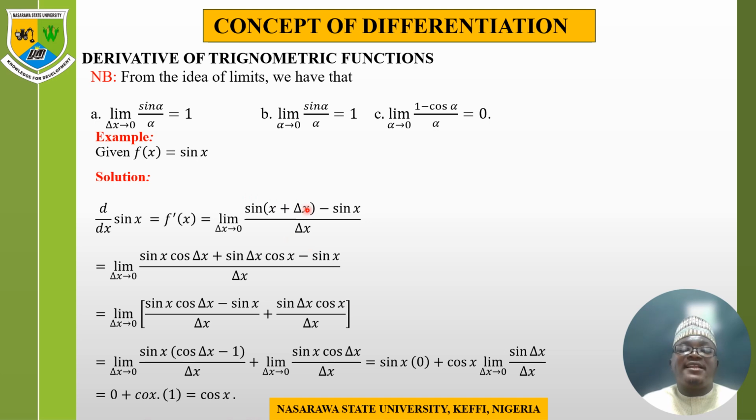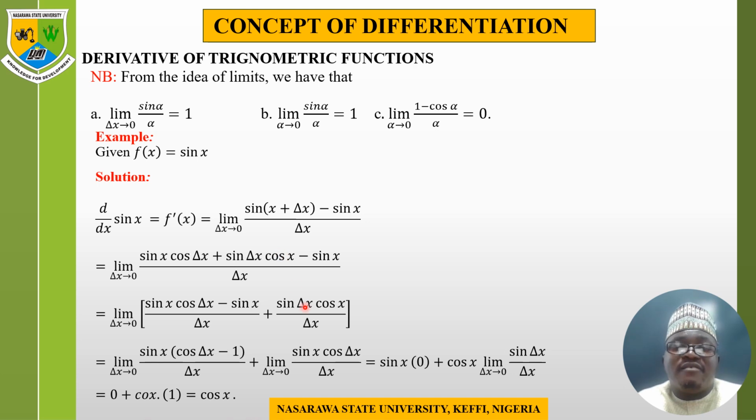Then now, looking at this one here, the sine x here is attached with x, then our x is the increment of x, then minus f of x, and our f of x is sine x, divided by the increment of x from the formula. Then now, when you expand this one from the double angle formula, you are going to have this guy, then minus this one here. Then our next step here, we put it in a bracket. We just carry this sine x here. This sine, the increment of x cos x to this place. Then after carrying it, we use this one and this one divided by the increment of x.